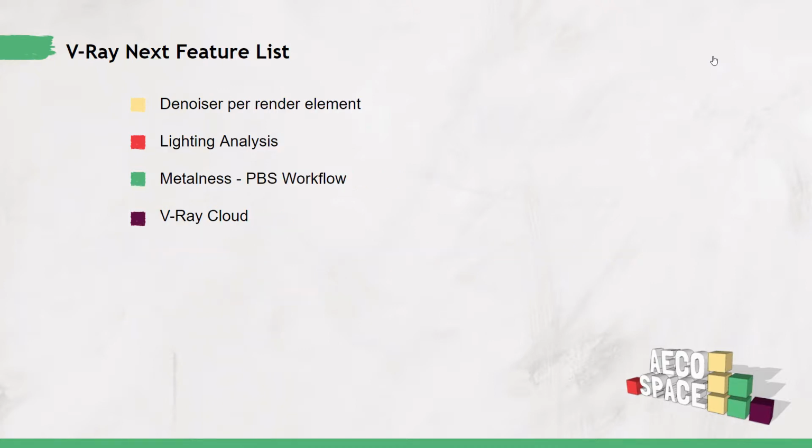Then there was a great example of a customer-demanded feature, which was the denoiser per render element, and the lighting analysis render element, allowing you to get direct illumination information for your scene in real world values, super useful for architects building the space afterwards.